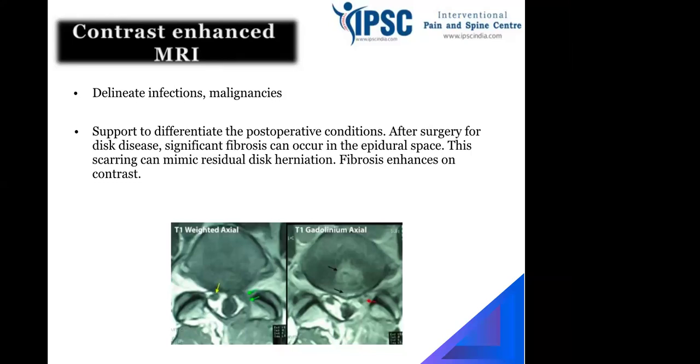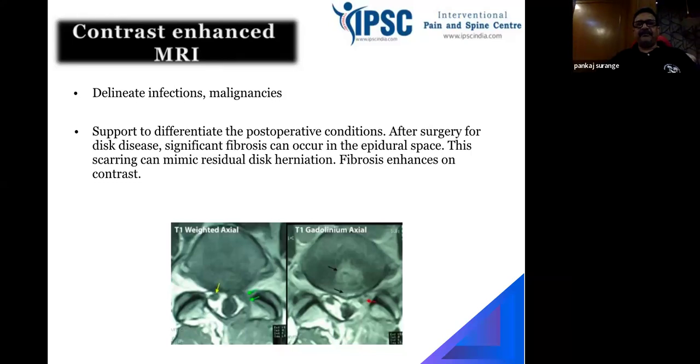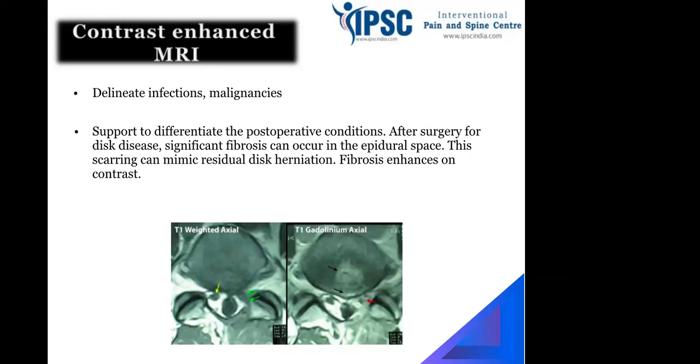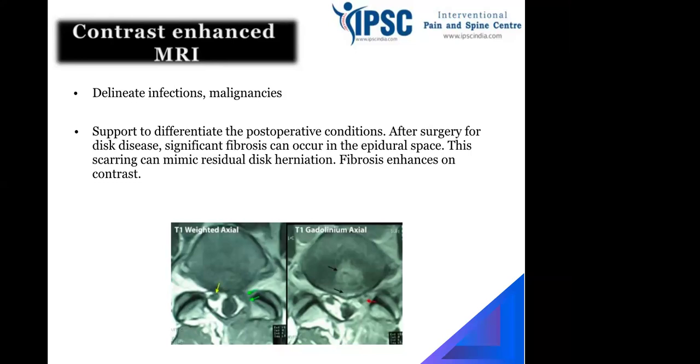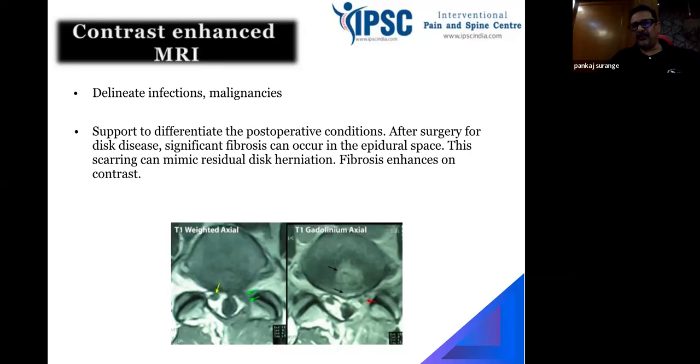It depends on the symptoms of the patient. If the patient comes to you and says, I'm having this back pain since last 5 or 6 years, I'm suffering, and then suddenly my pain increased, and then I went to a doctor and he got my MRI done. This is my MRI, 6 months old.